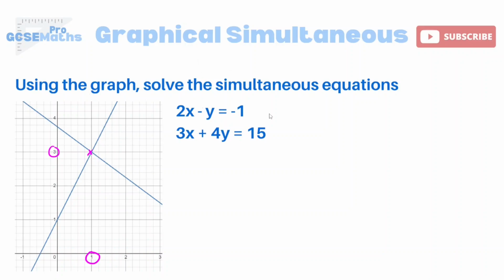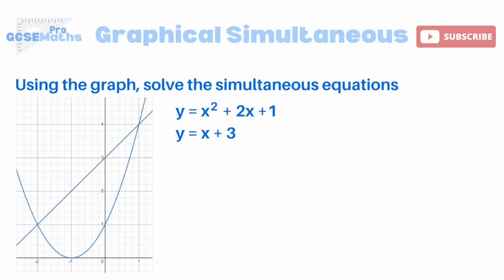So all you need to remember is that if you get this question, just look on the graph, where do they cross, read off the x, read off the y. Okay, so you can see here we've got x is 1 and y is 3. It's literally as simple as that. You just have to know what you're looking for, right? Now that you know that, every question should be really straightforward, some easy marks to gain in your exams, okay?